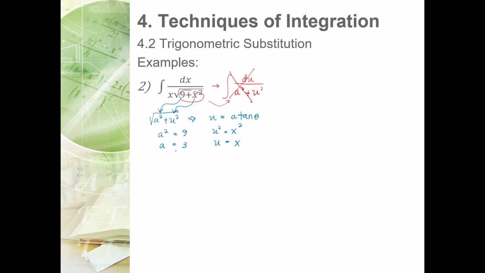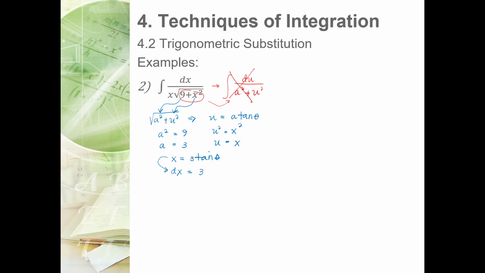So we now utilize the formula. The formula is x is equal to 3 tangent theta. If you want to derive it immediately, that's also correct. So let's try deriving this one. dx, then we have 3.